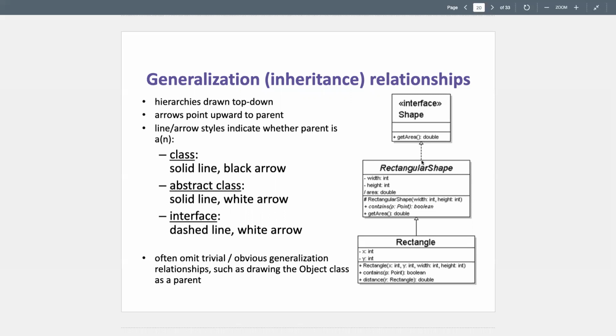Okay, so here I'm implementing the interface, and here I'm extending the class. But you'll see there's a little bit difference here. Okay, if it's an abstract class, I have a white arrow. You'll see this class is italic. If it's a concrete class, I have the black arrow. Okay, you'll see a little different arrow annotation up at the top.